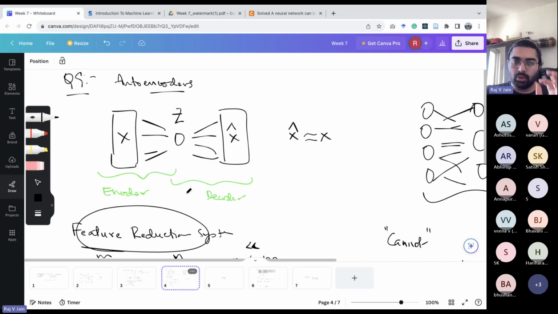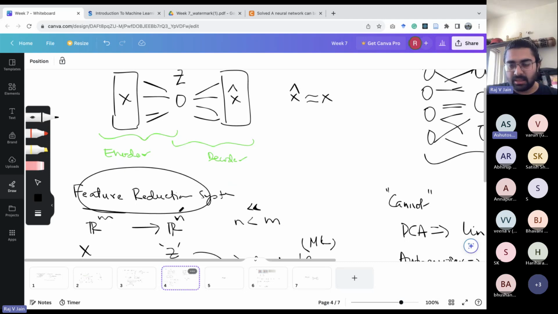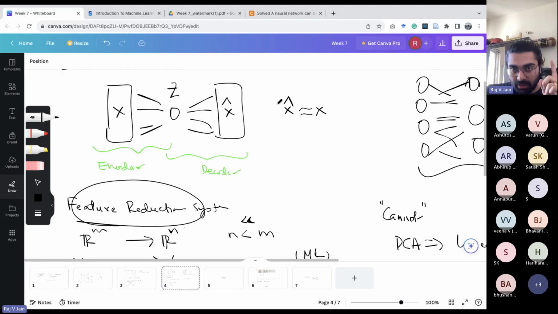The idea is you keep on increasing the value of n, and you stop whenever the reconstruction error is acceptable to you, let's say 0.1 or 0.2, based on whatever units you use.